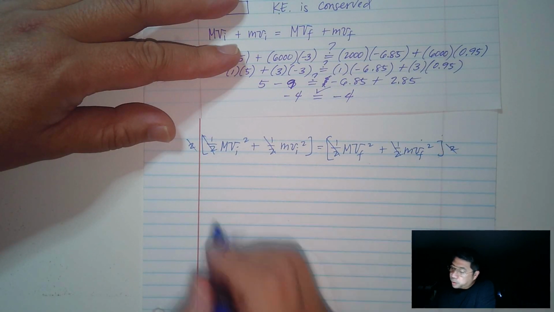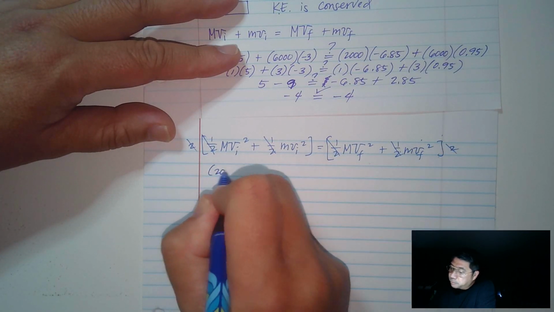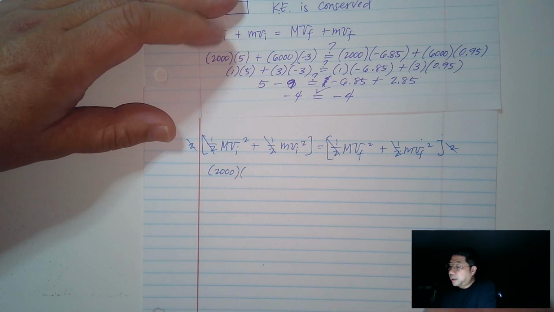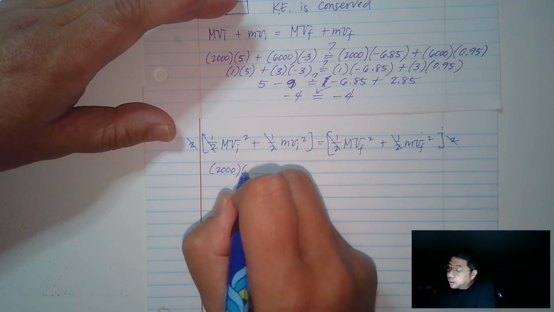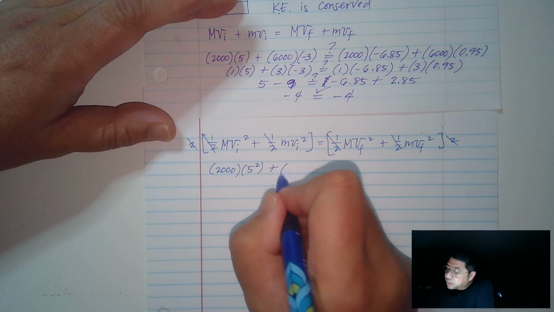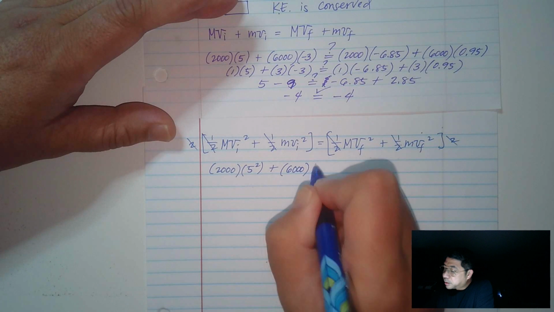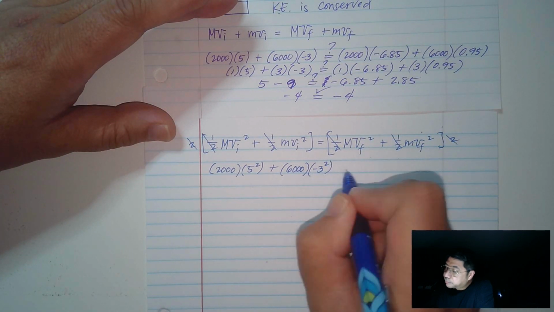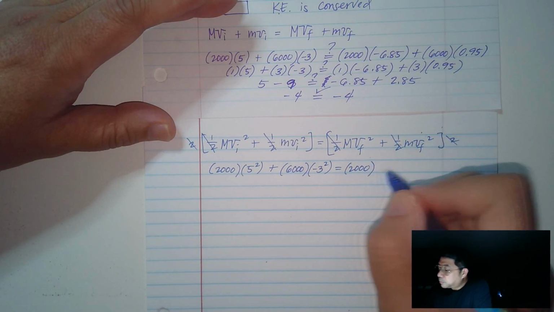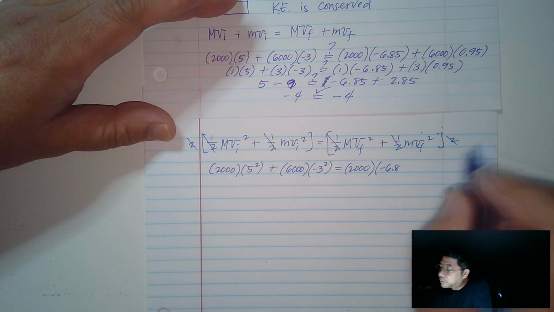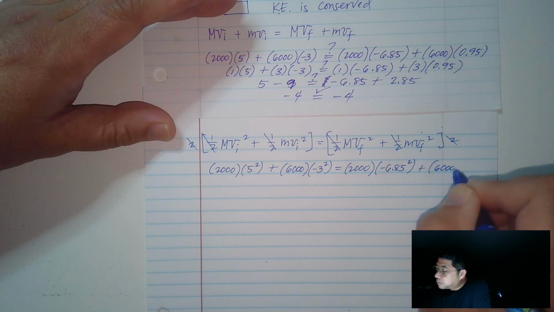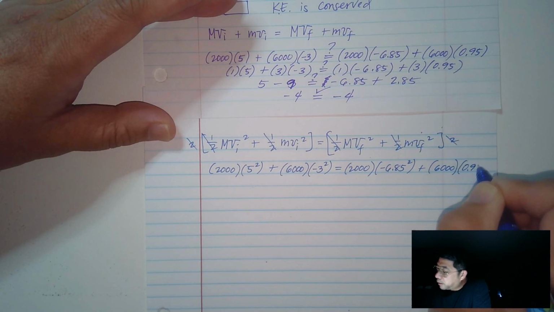Cancel it out. So plug in 2000 times, what is your v sub i? And that is 5 squared plus mass of 6000 times negative 3 squared, equals 2000 multiplied by negative 6.85 squared plus 6000 times 0.95 squared.